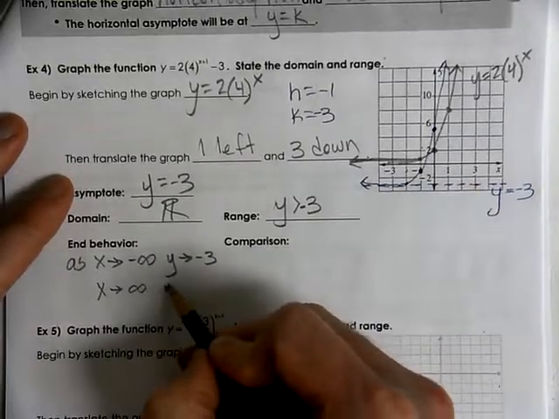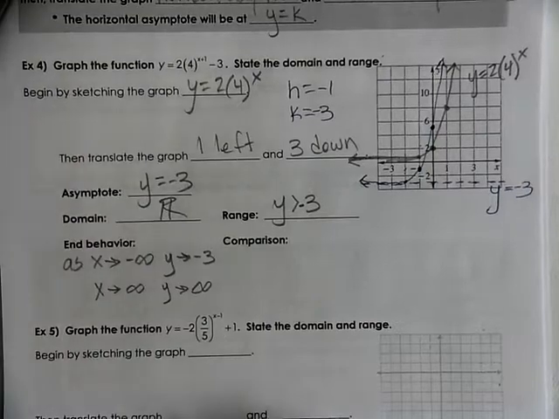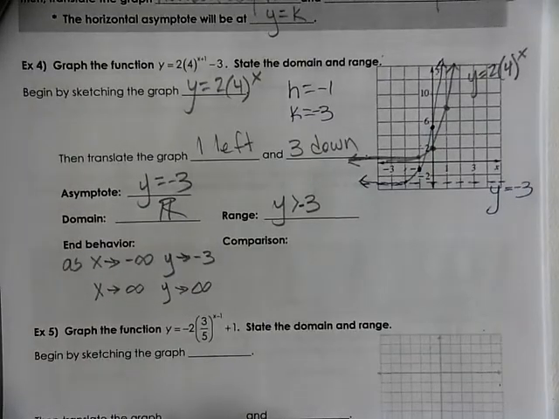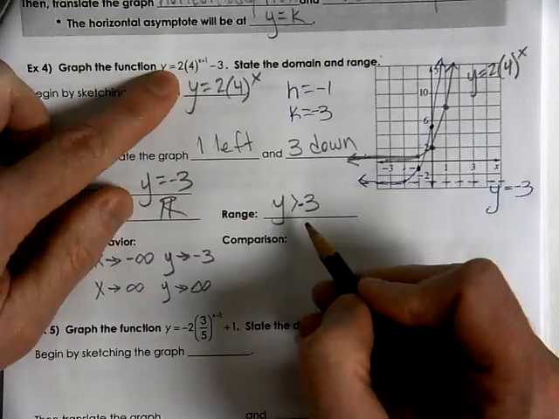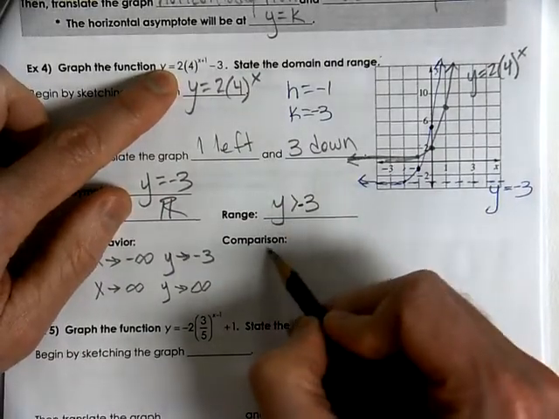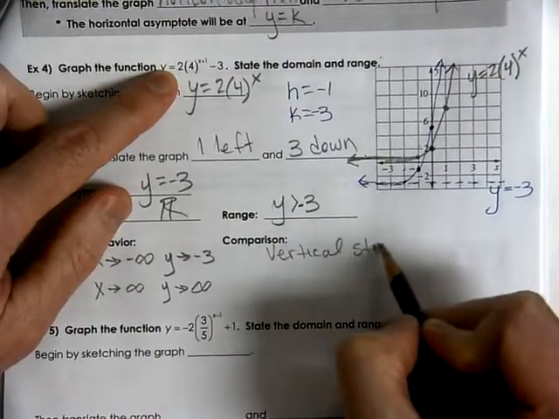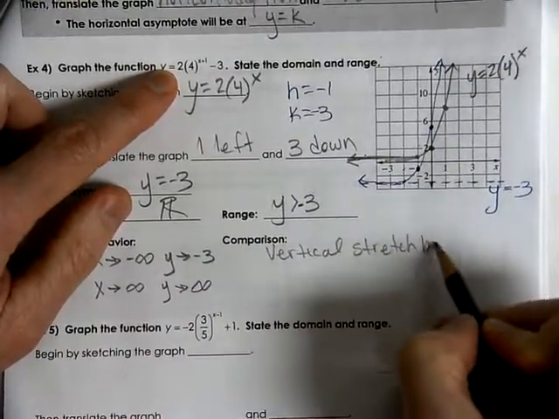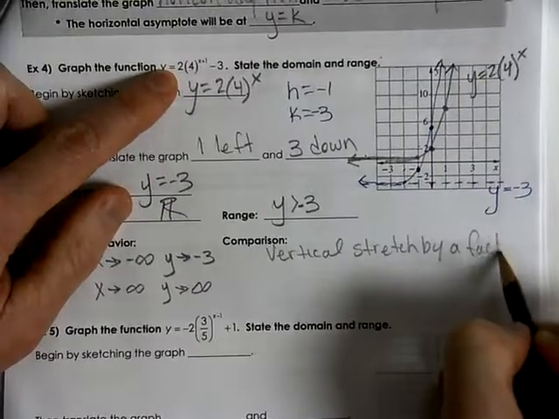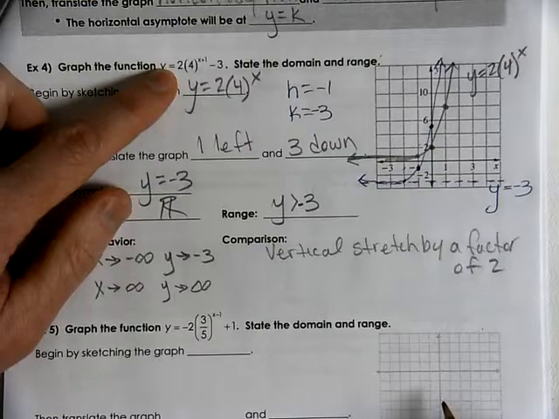As we move to the right, we notice that the graph is increasing to infinity. In our comparison, we know that there is no reflection, but we have a vertical stretch by a factor of 2.